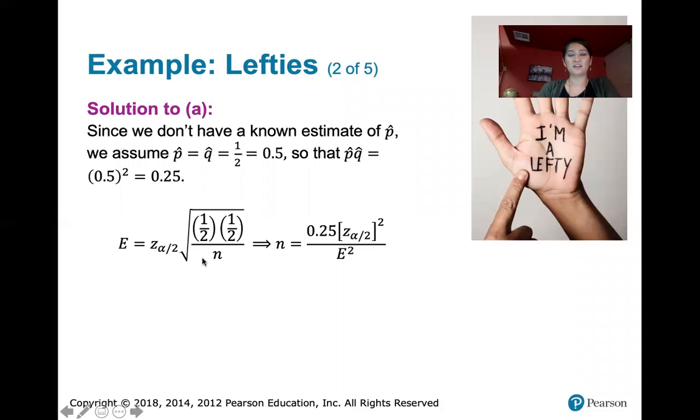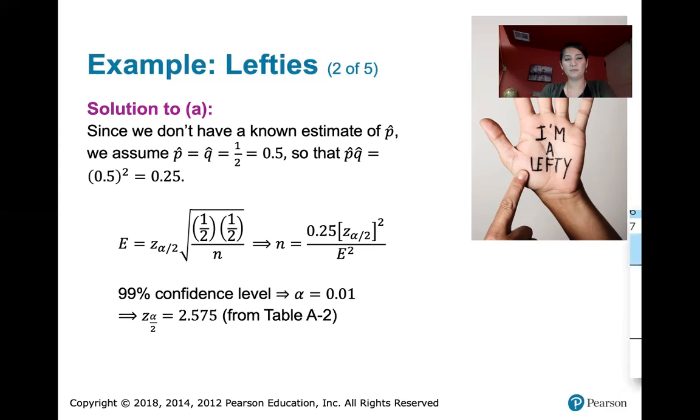Then our error formula can be manipulated to solve for n, and we get this. So then all we need is the z-score that corresponds to the level of confidence that we want, and then that maximum error that we want. The 99% confidence level tells us that alpha is the complement of that, or 1%, but in decimal form.